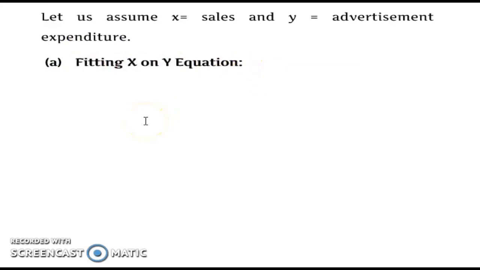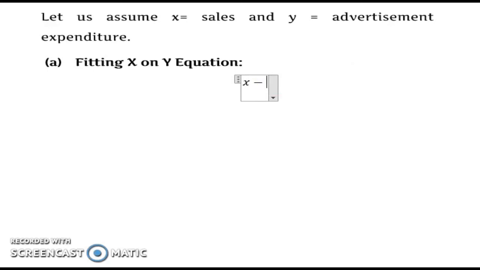Under the arithmetic mean method, the equation is x minus x bar is equal to b of xy into y minus y bar, right? So we have to write that. We'll take the equation's help to do that. So x minus x bar, right? We need the x bar value.